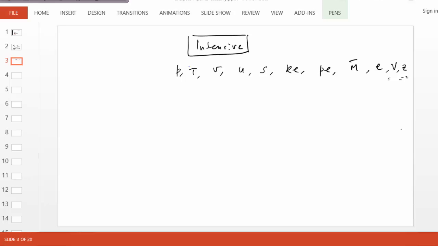So that is not considered an intrinsic property of the system. And all properties that depend on velocity, I'm circling them. Suppose the velocity and height we disagree upon, that means we can disagree upon KE and PE. And even E, because what is E? E is KE plus PE plus U. So these properties are called extrinsic. And the rest of the properties are called intrinsic.